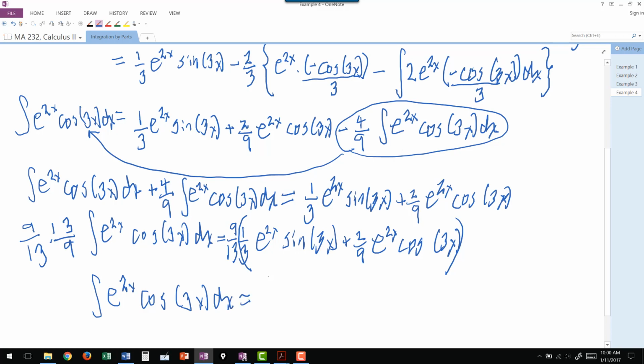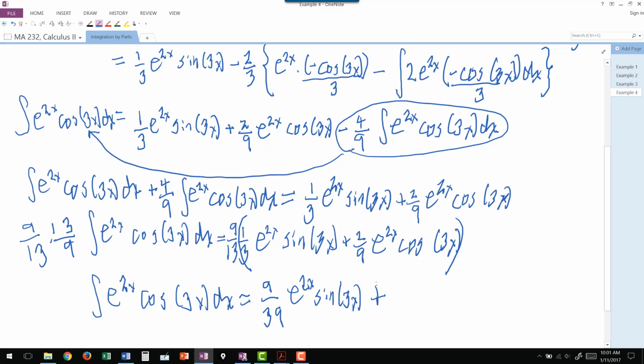And on the right-hand side, I get 9/39 e to the 2x sine 3x plus 9/13 times 2/9.